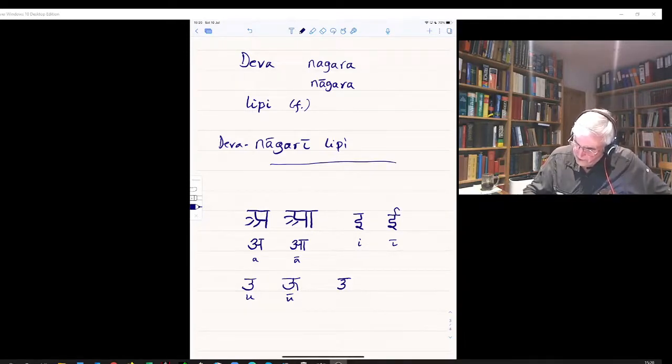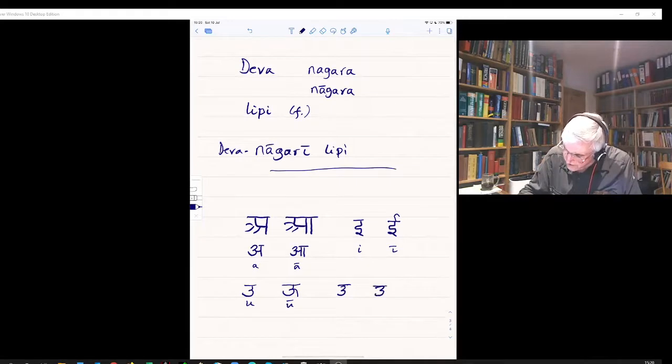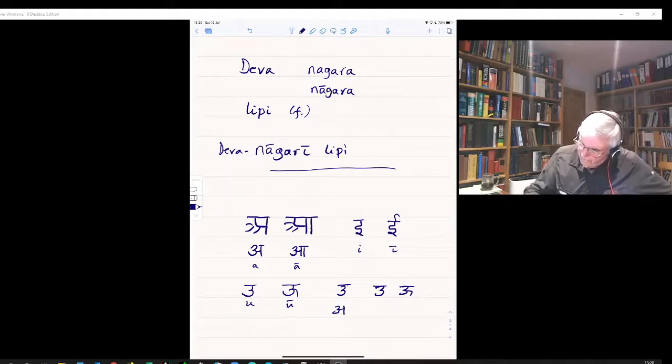What then distinguishes it, even though it's a similar thing that looks a bit like a 3, this is pure handwriting, by the way, just to write it like that, and the long U like that, is the upright. And for the short one, they don't put a crossbar right across the top. That's wrong. For the short one the crossbar is truncated. There's a little bit of a crossbar at the top.